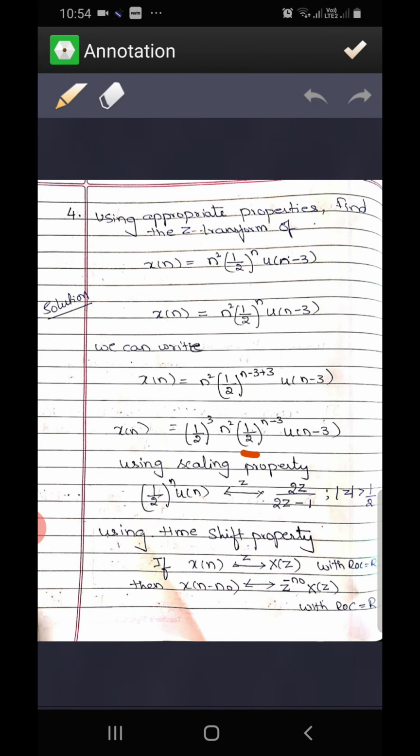This much part we have covered. Now we have to do n square. To get n square we have to differentiate 2 times. So we have to differentiate the expression twice. First differentiate, whatever answer you get, again differentiate and multiply with z. Then at the end multiply with 1 by 3 whole raised to n.